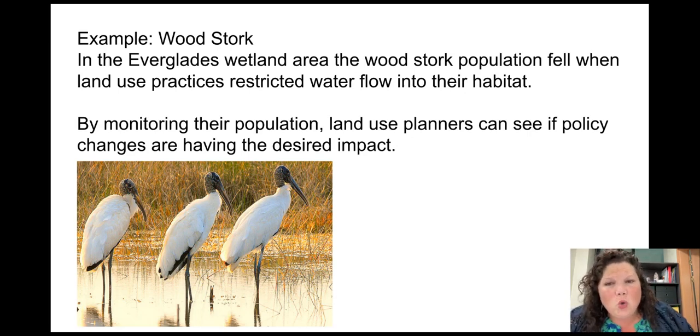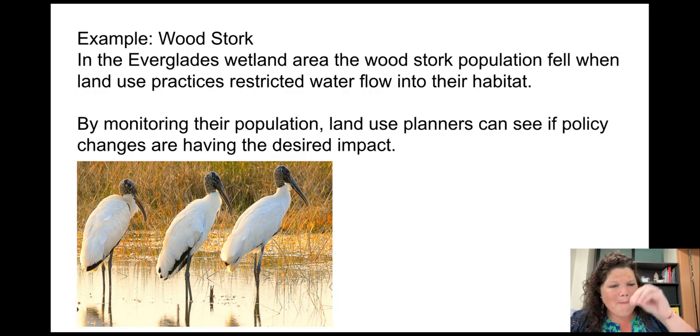But the wood stork in the Everglades is in an area where we have a lot of construction happening around this population. They've been able to use the wood stork as an indicator species to monitor the population based on how policy changes.